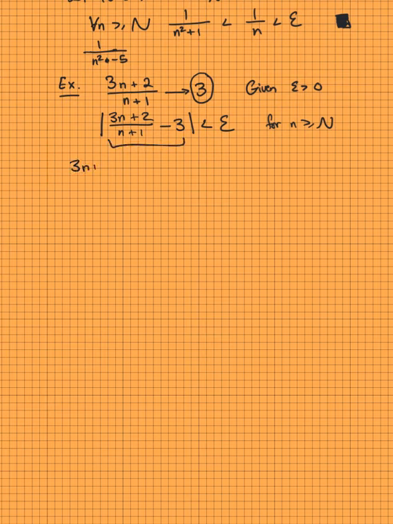So this obviously forces us to do some algebra here. So let's do it. So we know 3n plus 2 over n plus 1 minus 3, so we can write this as 3 times n plus 1 over n plus 1. So we get 3n plus 2 minus 3n minus 3, so I believe we get minus 1 over n plus 1. Okay, and then I'll just stick on the absolute values.